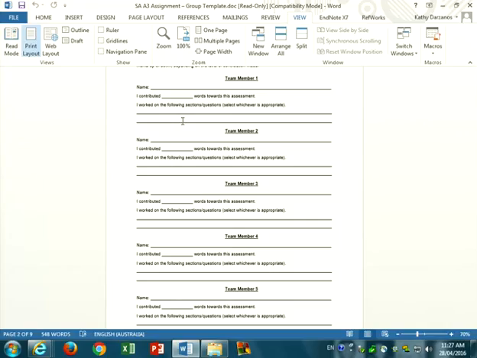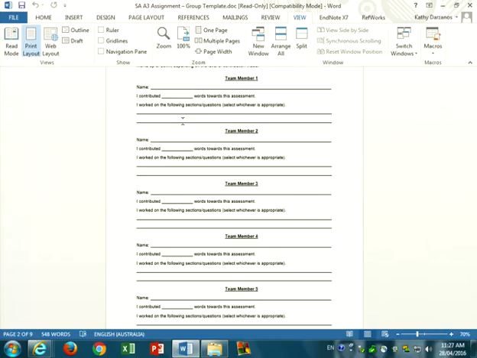The objective of this is to ensure that everyone contributes equally and fairly. And if the instance occurs where someone doesn't, then I expect it to be represented in this declaration of contribution. If someone does half the work, they'll get half the marks. If someone does no work and it's represented here, they'll get no marks.